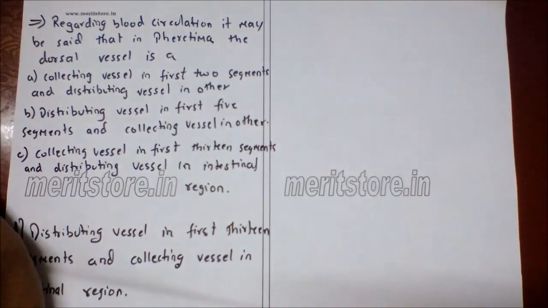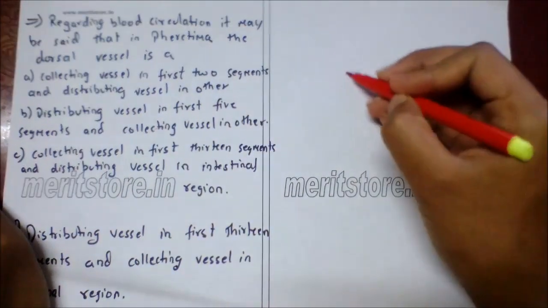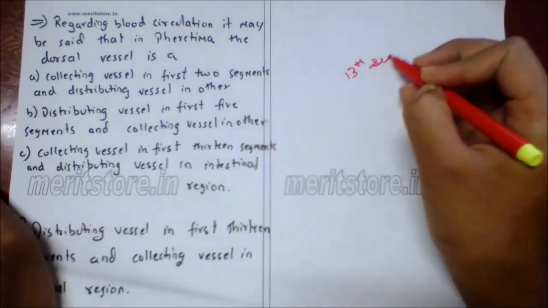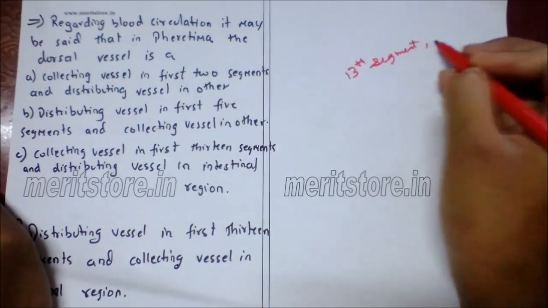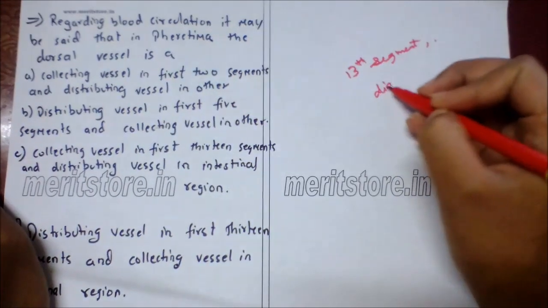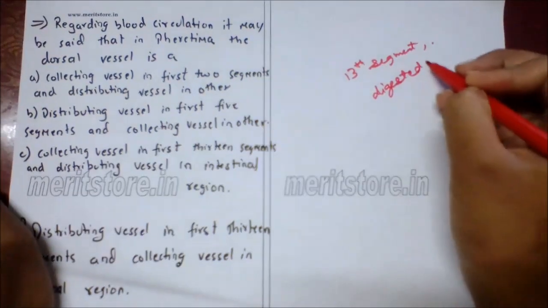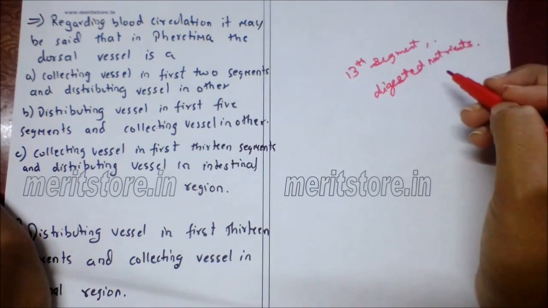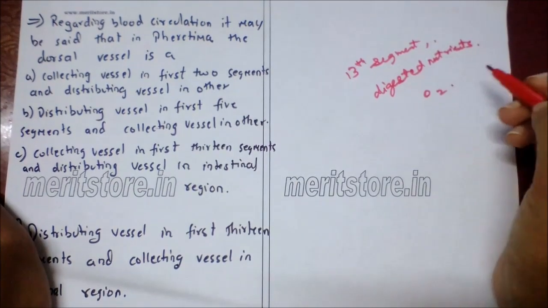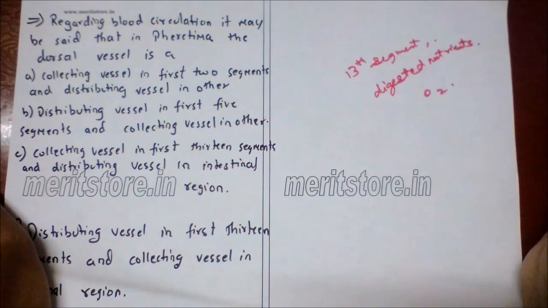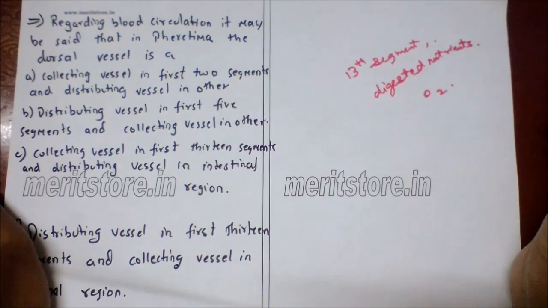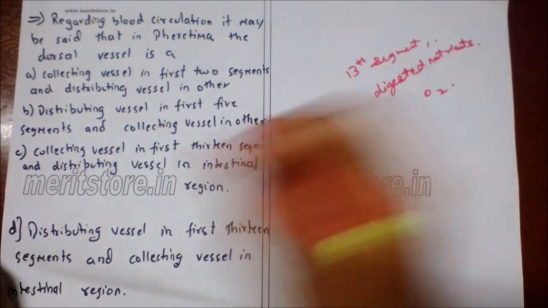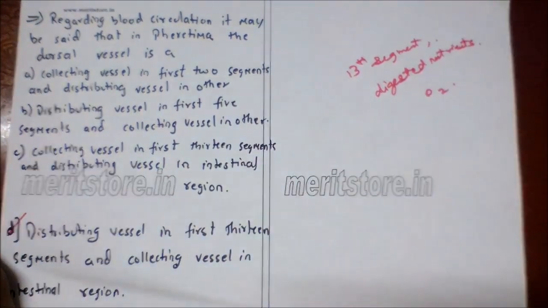So in the region behind the 13th segment, blood laden with digested nutrients and oxygen is collected in the dorsal vessel, while in the anterior region of the body some of the blood is supplied from the dorsal vessel to various parts. So option D is the correct answer.